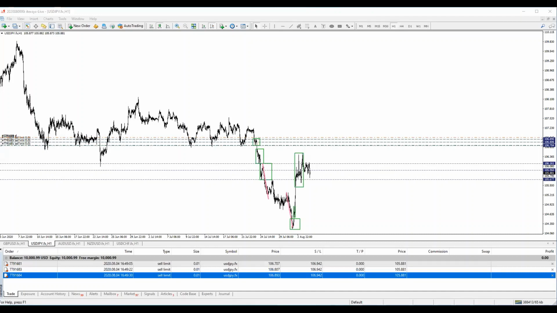How does the middle flag not work? First, there is a question from somebody anonymous: why does the middle flag not work? Not all the flags will work and not all the patterns will work. When we deal with trading, we assume, we know and we understand that sometimes our patterns will not work.